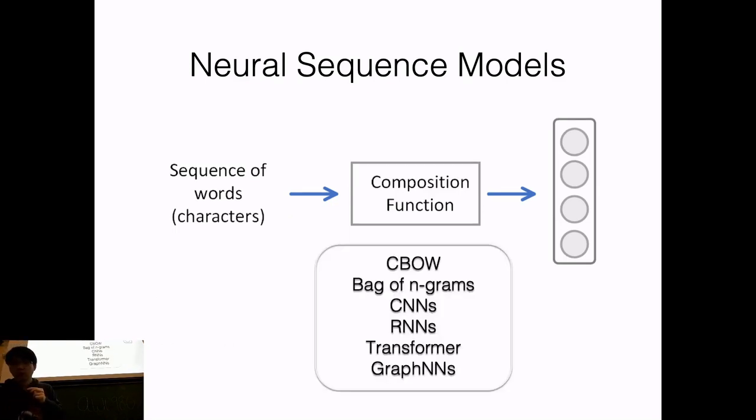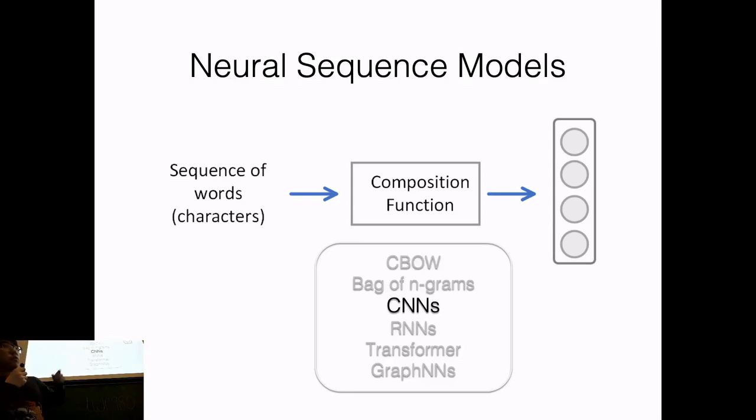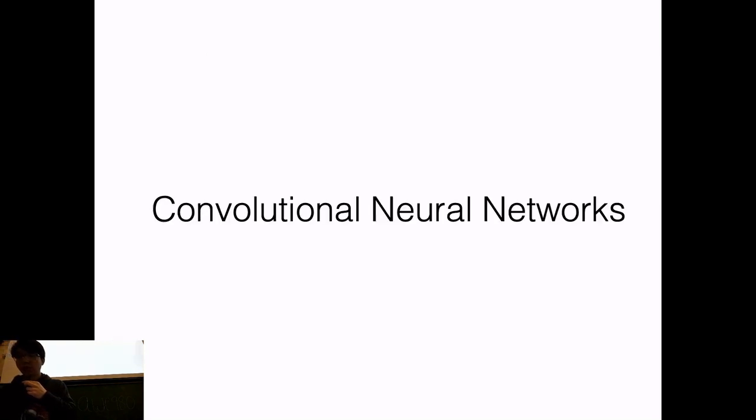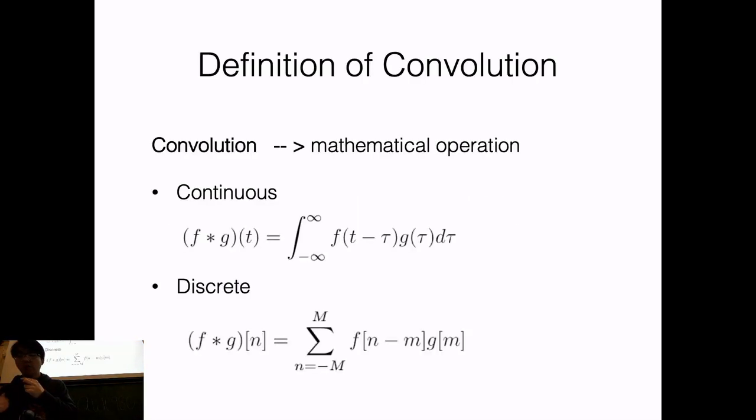Next you have a bunch of choices to compose the input information, such as the CBOW, which we have introduced, the bag of n-grams, the convolutional networks, the transformer, or the graph network. For this class, the convolutional network is our leading role. So next, let's get into the details of the convolutional neural networks.